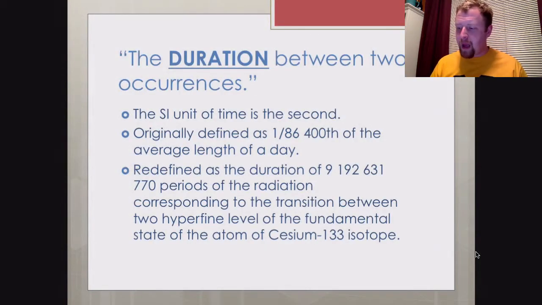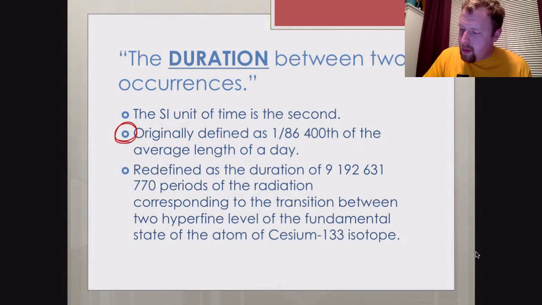So, time. Believe it or not, when we have to define a standard, a unit, feet, inches, seconds, meters, etc., we actually have to define them using things that we can observe. And if you remember from our discussion today and yesterday, observations are things that we do with our senses. So originally, they defined a second as being a portion of a day.